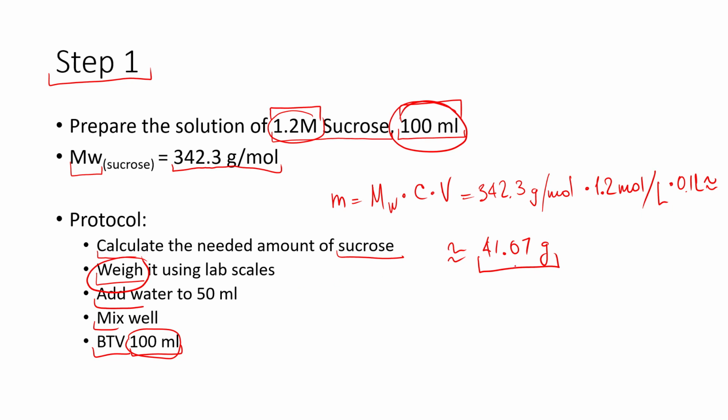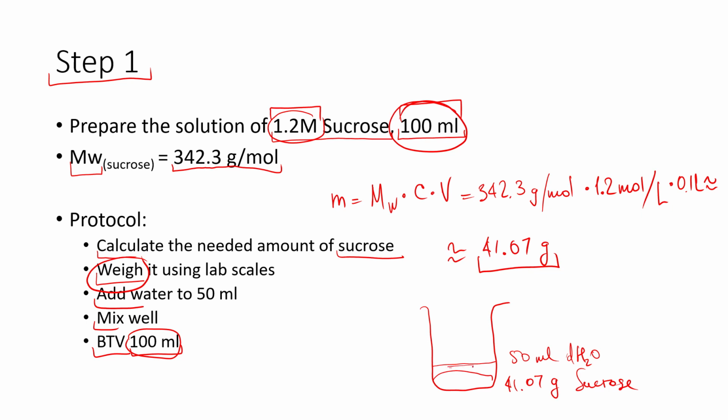and after that you're going to put it in the beaker. So you have a beaker, you put everything inside, so it's 41.07 grams of sucrose. Then you add about 50 milliliters of water, and of course it's distilled water.